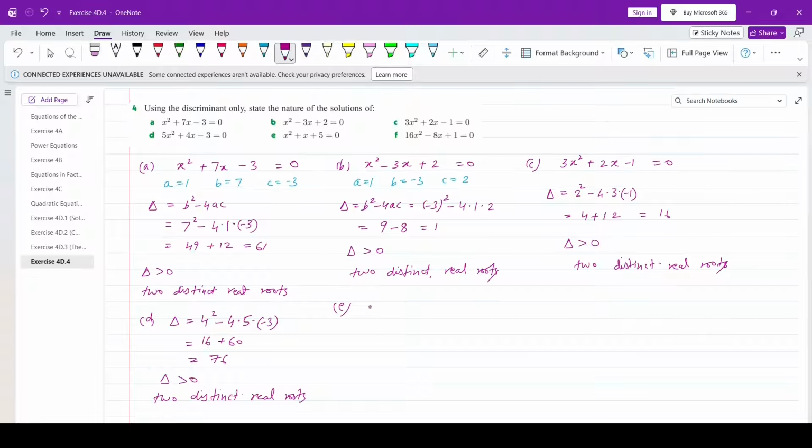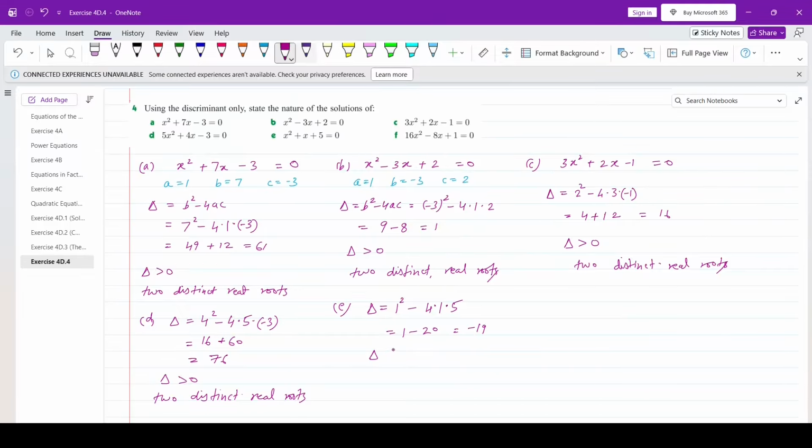e. So the discriminant is going to be b square, that is 1 square, minus 4 times a, that is 1, times c, that is 5. So this is 1 minus 20, that is negative 19.